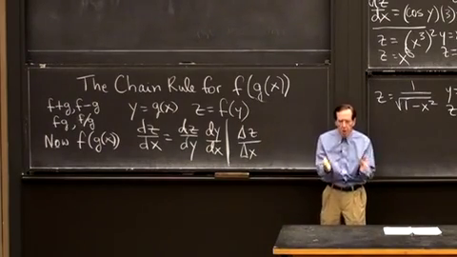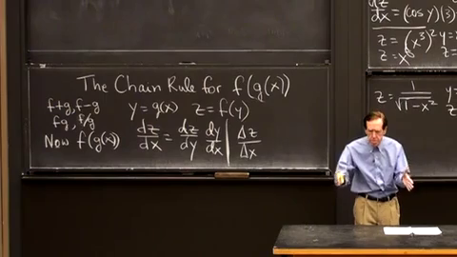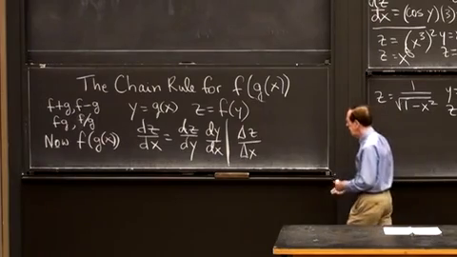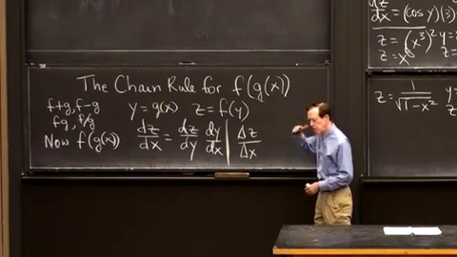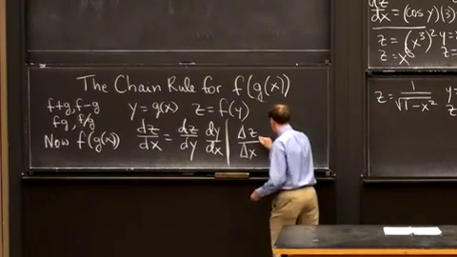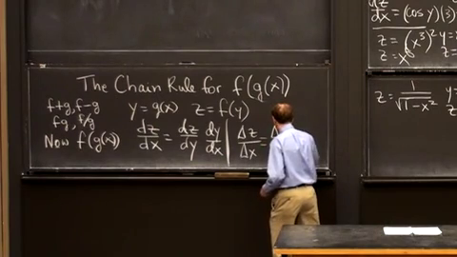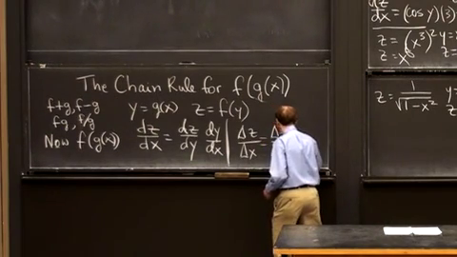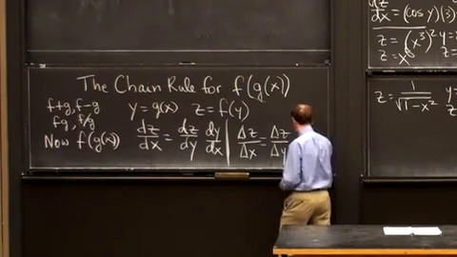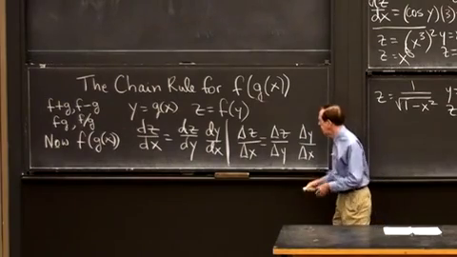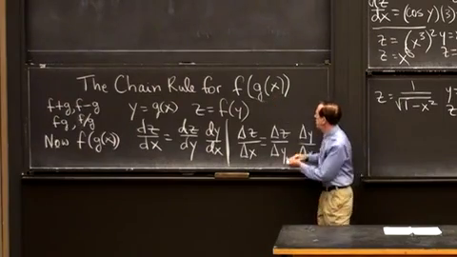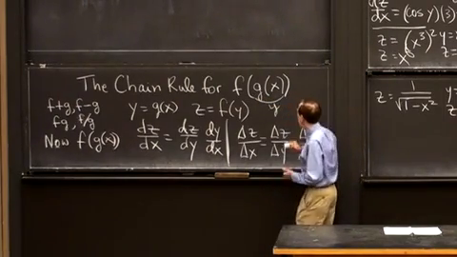These are small, but not zero. Those are true quantities, and for those I'm perfectly entitled to divide and multiply by the change in y, because there will be a change in y. When I change x, that produces a change in g of x. You remember this was the y.